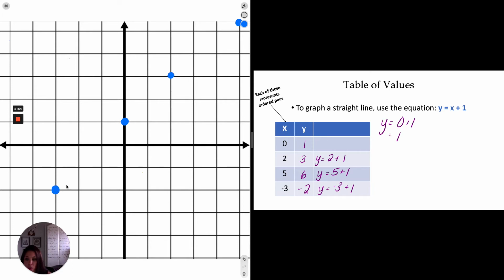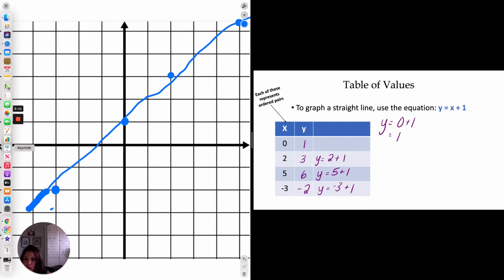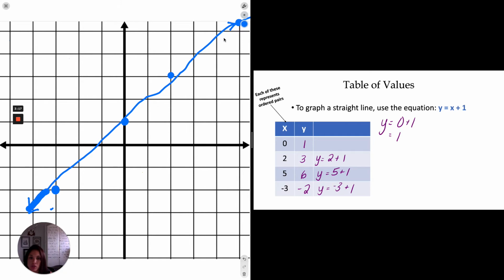At this point, I encourage you to use a ruler. You want to draw a straight line. I'm going to do my best here to draw a straight line, and like so. Now let me talk to you about this line. You want to have arrows at the ends of your line because it denotes that this line extends past the graph that you have created.